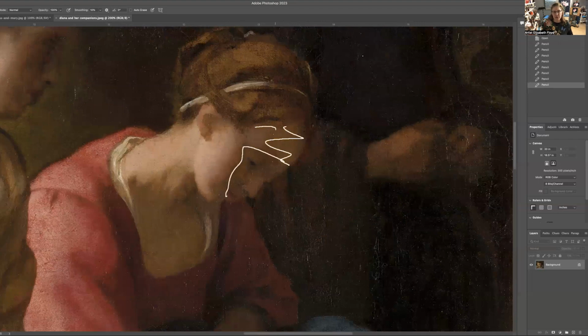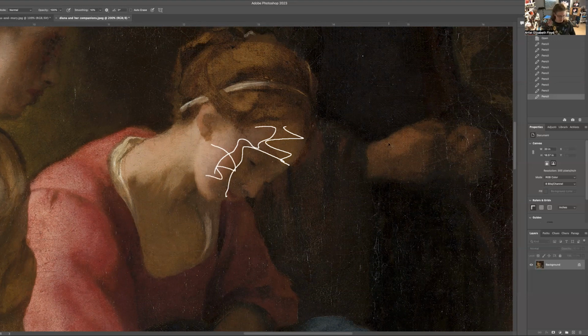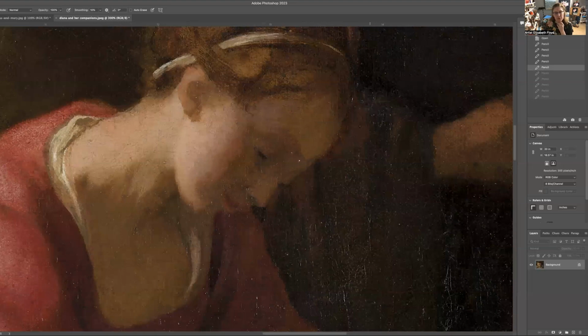Then you've got another slight layer, and then let's look. The face is made up of multiple layers. So this is your underpainting, and that looks like that was laid in originally.